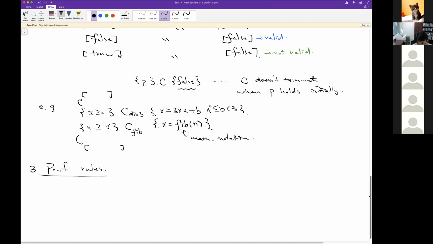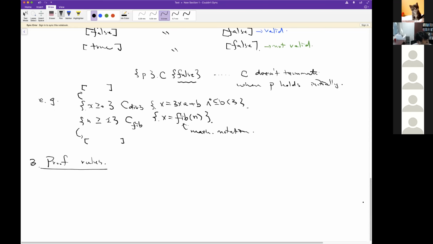The proof rules have the form of the inference rules that I briefly mentioned when we talked about the language for assertions, predicate logic. These proof rules have this kind of form: they have some premises v1, v2, up to vn, and then a conclusion v.